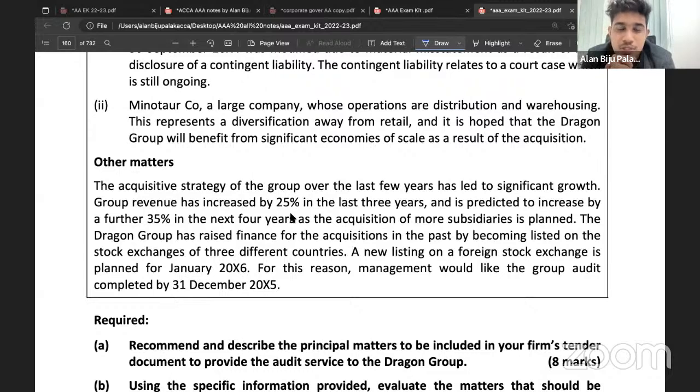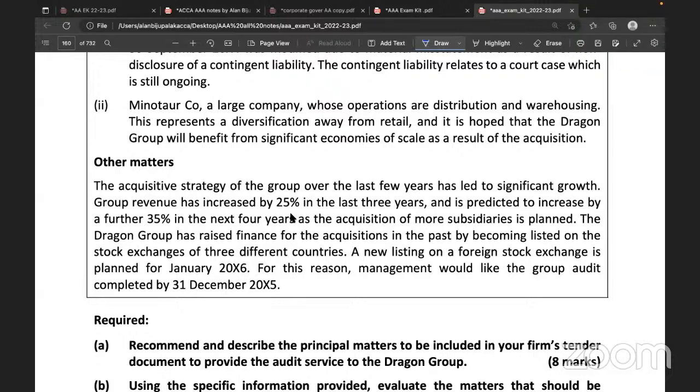Once the stock exchange listing is done, definitely for the current year audit as well as for the upcoming year's audit, we will be responsible for reviewing the company's financial statements and checking whether each of the stock exchange regulations is being followed by the client company. And if the auditor does not have sufficient knowledge in relation to this, they will not be able to perform the engagement appropriately. Therefore, before accepting the engagement, we need to consider whether the auditor has knowledge regarding this. Clear? Yes, sir.